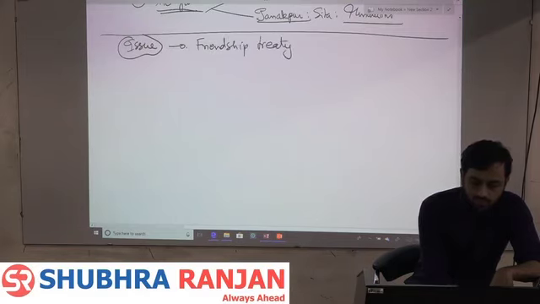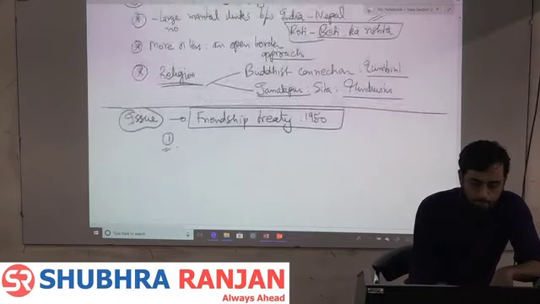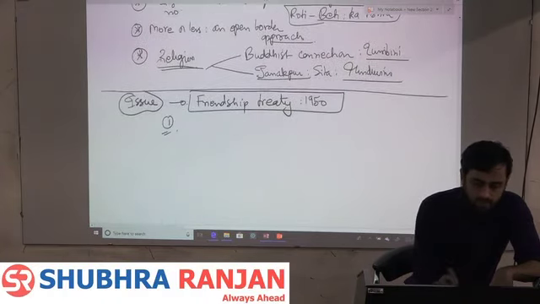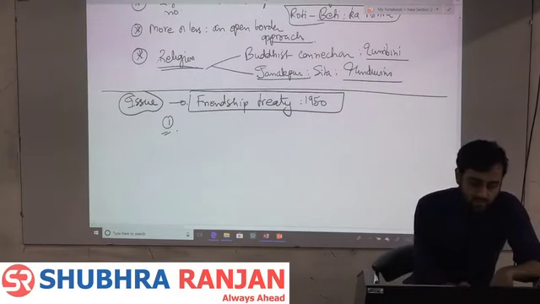The friendship treaty of 1950, whatever I just told you above. Firstly, India and Nepal signed this friendship treaty in 1950. Under this friendship treaty, they said that India and Nepal will be friends with each other. Okay, that's not the big deal.